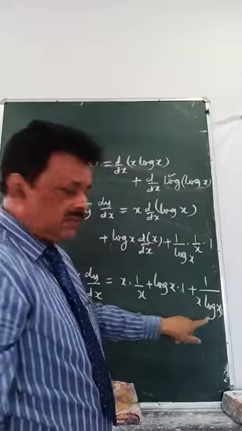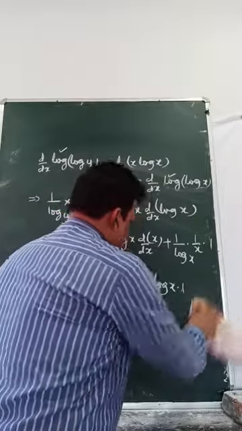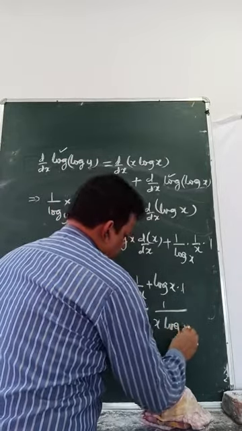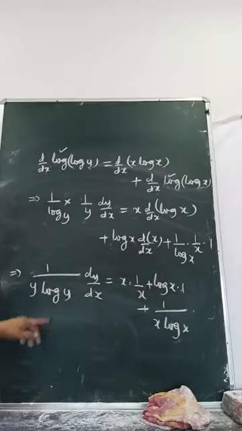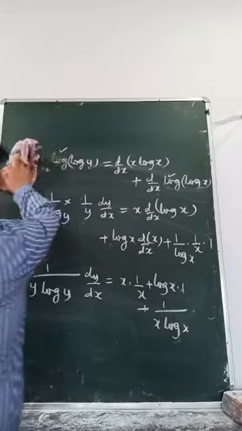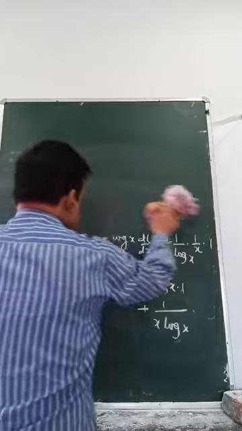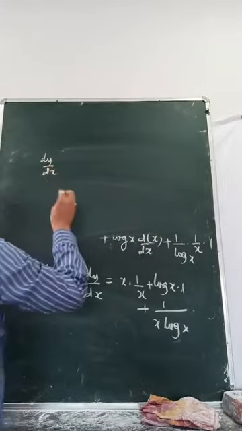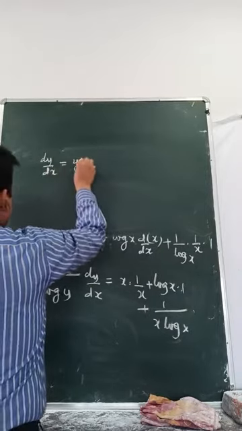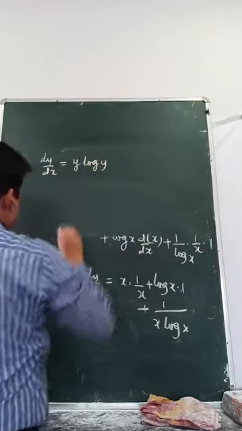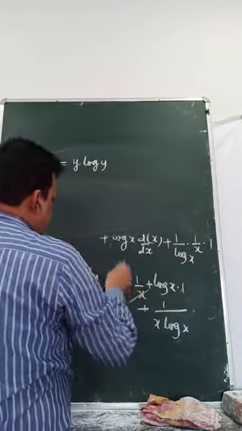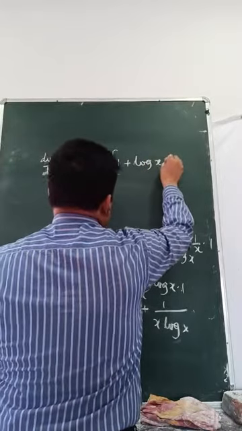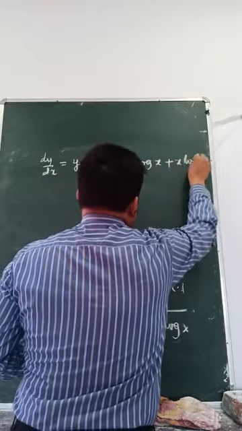If not clear, I will write down here, plus 1 by x log x. Then dy by dx equals y log y. This 2 goes to numerator, this is cancelled, times 1 plus log x plus 1 by x log x.